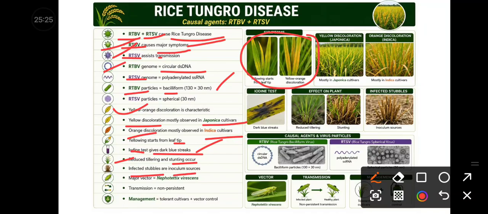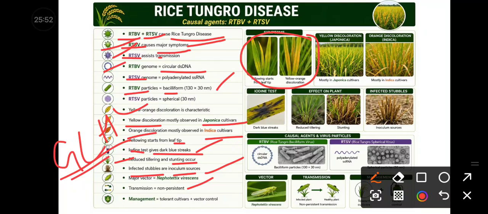Then about the vector. See, vector is very very important. You remember the scientific name as well as the common name. Nephotettix virescens. This is the GLH, green leaf hopper. This is the vector for rice Tungro disease or virus, and it transmits the virus in a non-persistent manner.